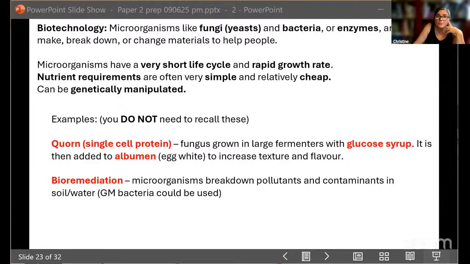Right. Paper 2, 2022. We're looking at 21 CI, right?